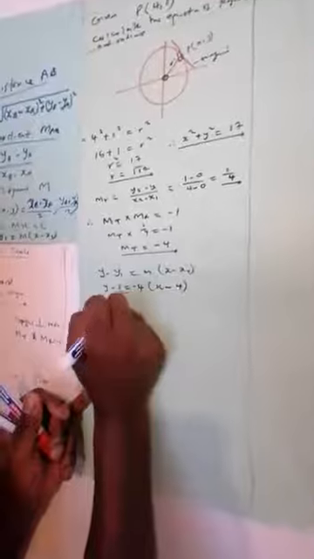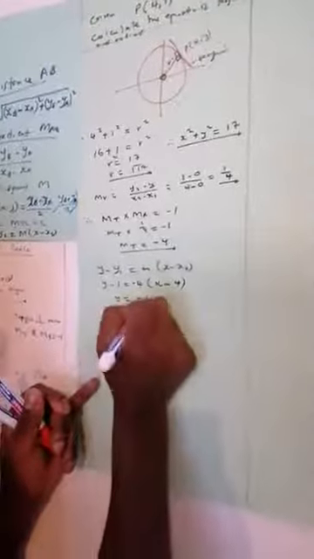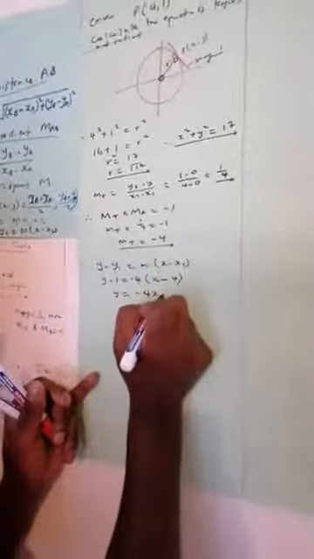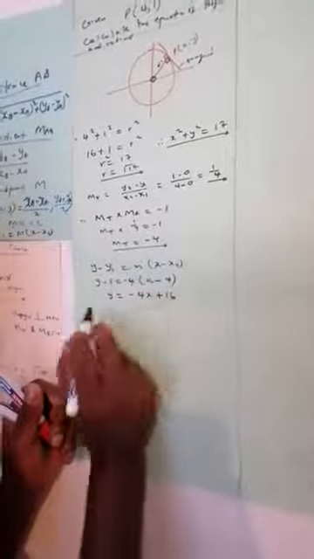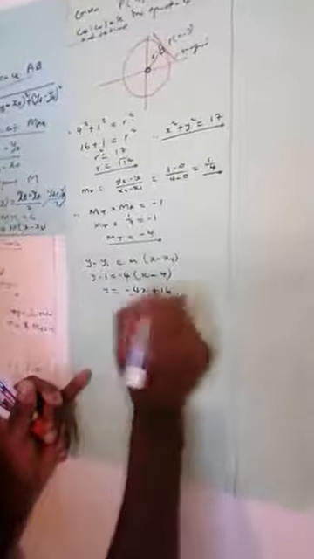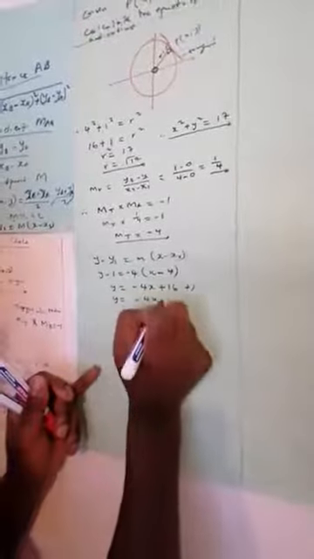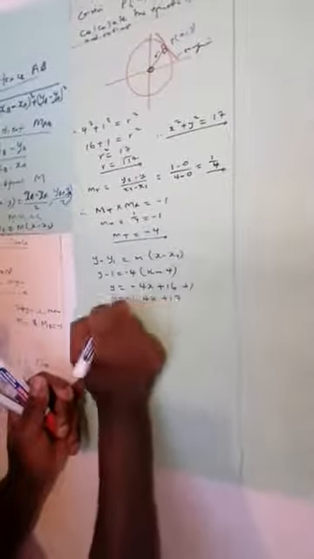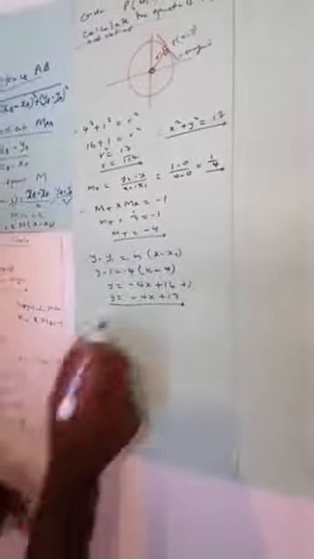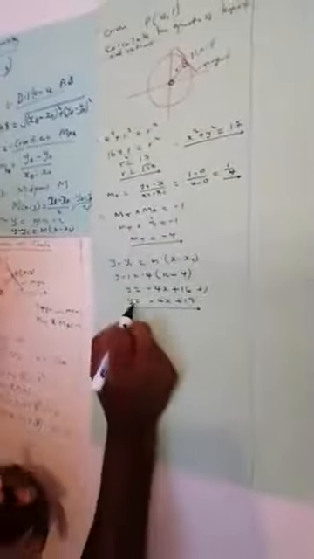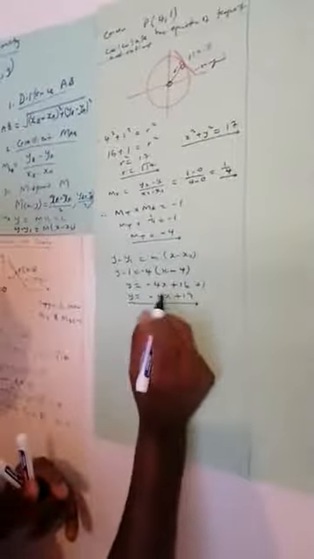So y is equal to -4x plus 16, then plus 1. y is equal to -4x plus 17. Here's the equation of the tangent. Now we are done. The equation of the tangent is y is equal to -4x plus 17.